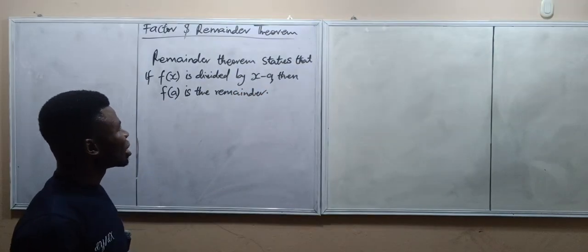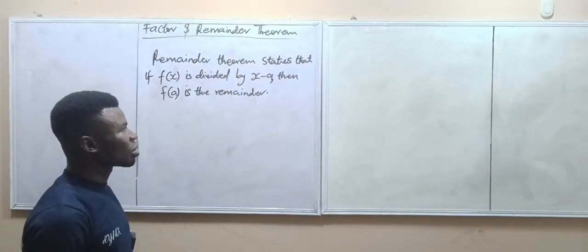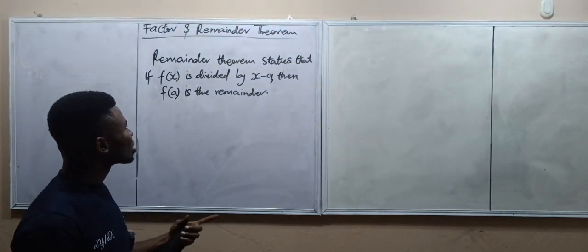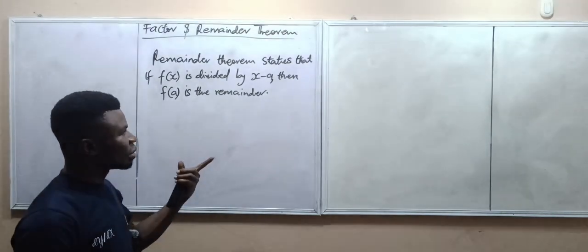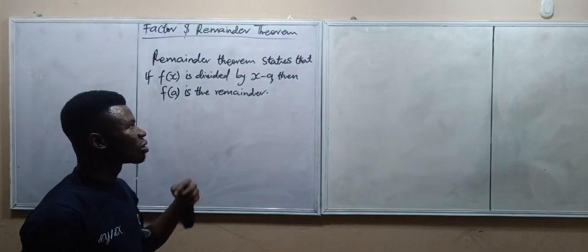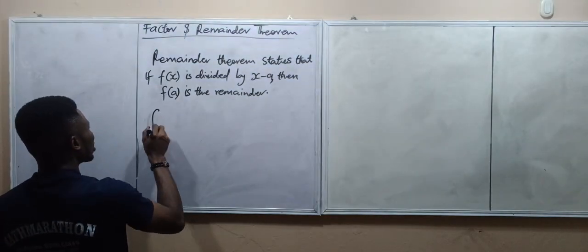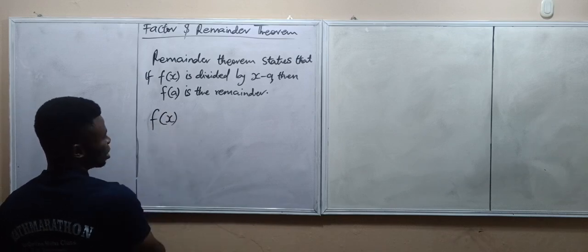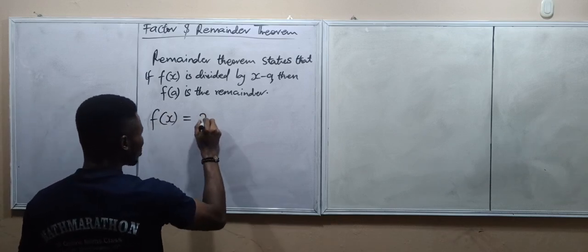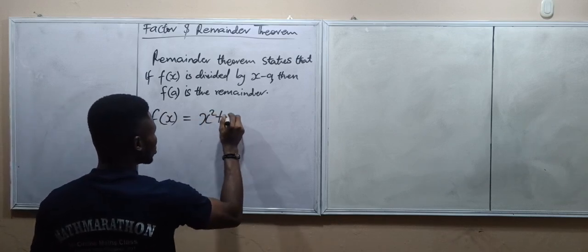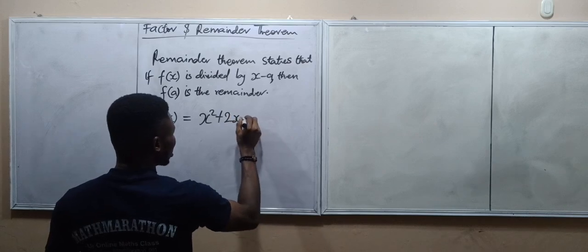Remainder theorem is now saying that should in case such a question comes up, that we should get the remainder of dividing one polynomial by another, that instead of using long division method, we should just make that polynomial a function of x. So f of x is equal to x squared plus 2x and then minus 5.